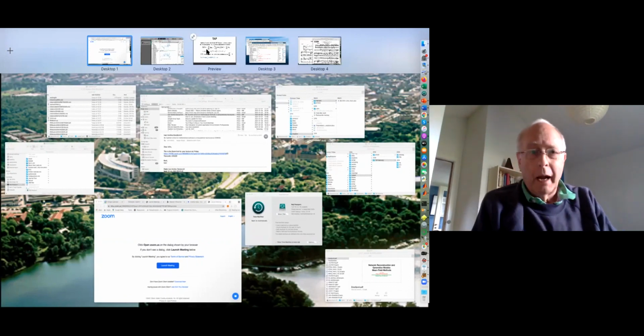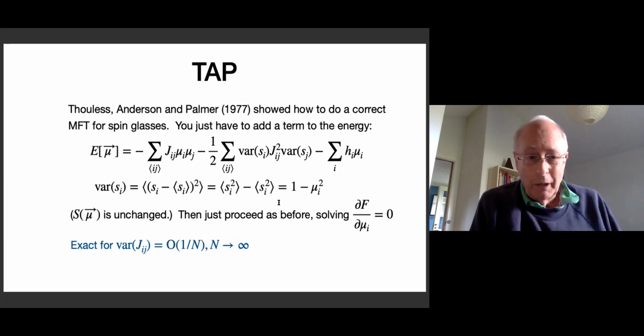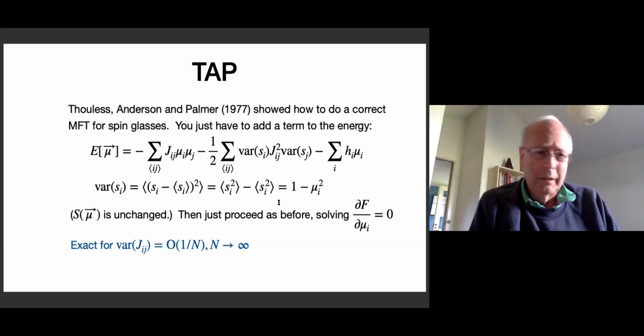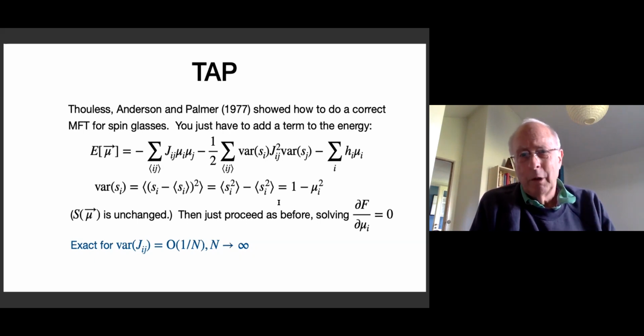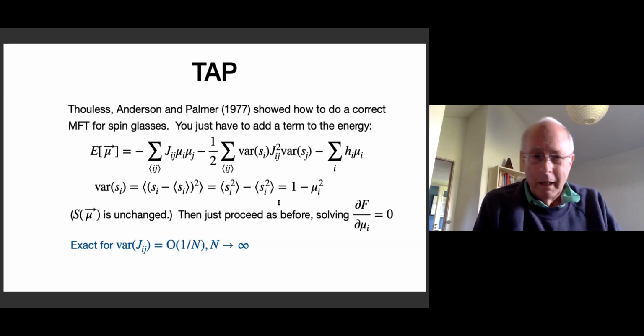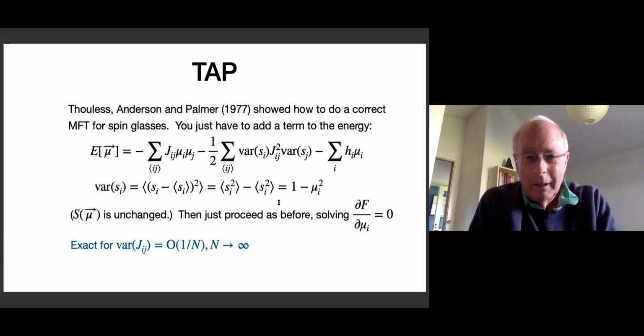You have to solve df d mu equals 0, all n equations of it, for a particular sample. And in the model they were looking at, where the variance is like 1 over n and n goes to infinity, this is exact. You don't have to go any further. But in general, you could look at higher order terms in this, and ask Yasser how to do that, because he's an expert on that.